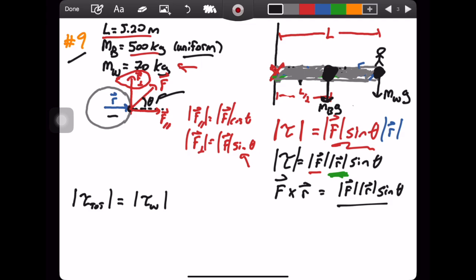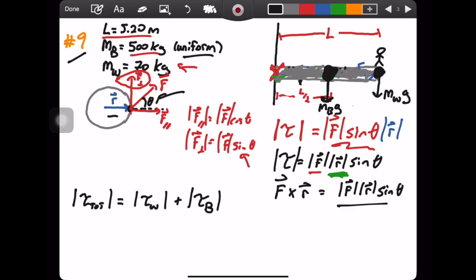Well, now we have the mass of the beam. As we treat the center of mass of the beam at L over 2, it's also going down and causing a clockwise rotation. So the total torque is not just the torque of the worker, but also the torque that comes from the weight of the beam.